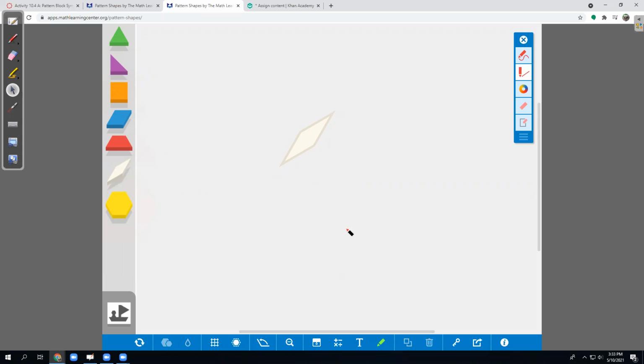One place to start, as I mentioned earlier, is if you just connect vertices, sometimes that leads to lines of symmetry. So if I draw a line from there through the other one, it does look like I made mirror images on each side. So there's one line of symmetry there.